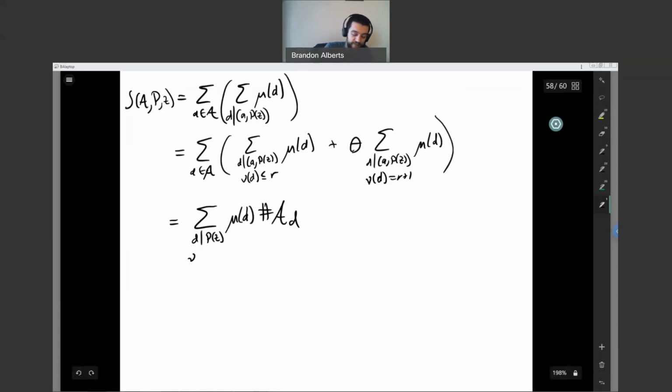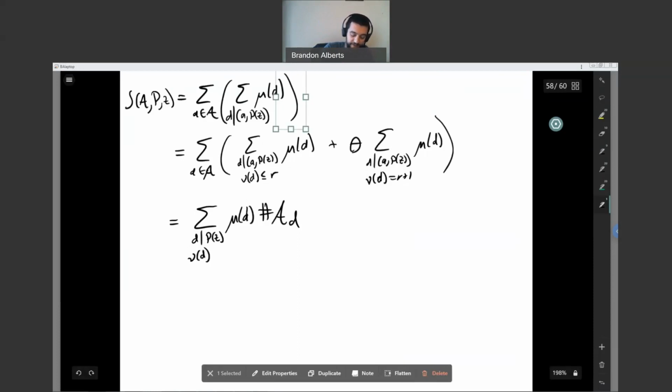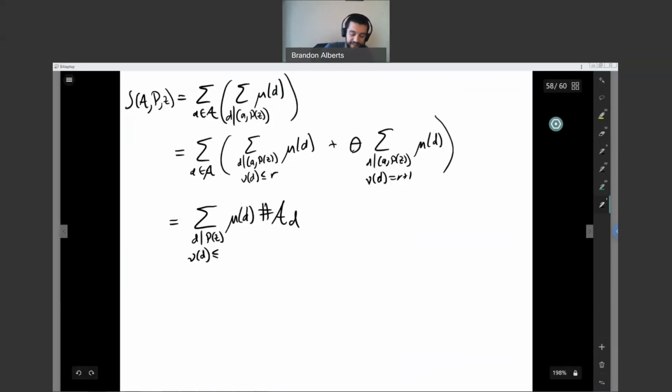And now, instead of being truncated by saying D is less than or equal to X, it's now truncated by saying D has at most R prime divisors. Over here, now we're taking a sum over all D that have at most R plus 1 divisors, and then a sum over all elements of A.